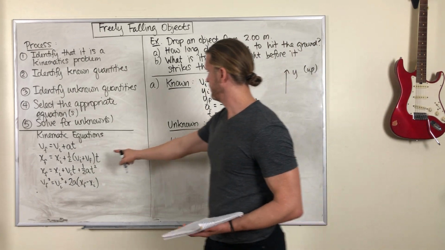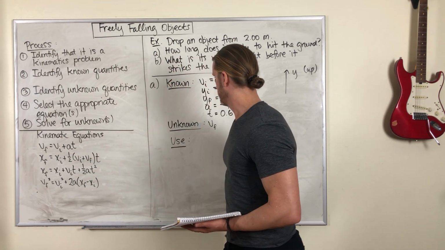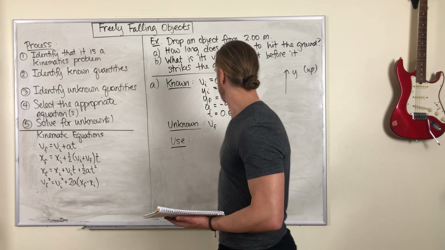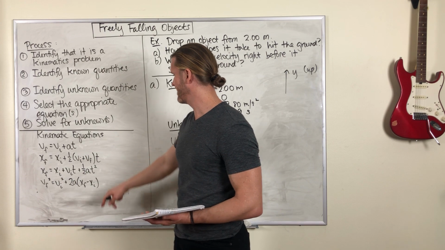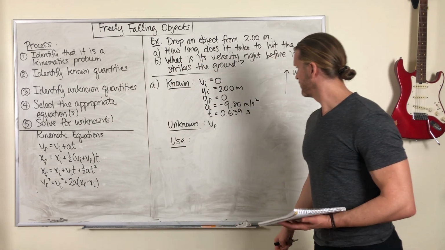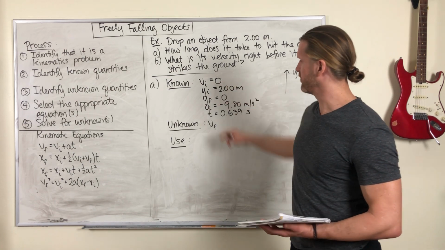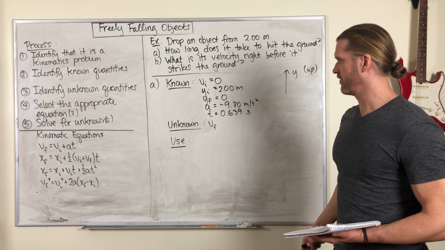It looks like the first equation will work. It looks like the second equation will work. It looks like the third equation will work, and the fourth equation. We have so much information that we could choose any of these to solve the problem.